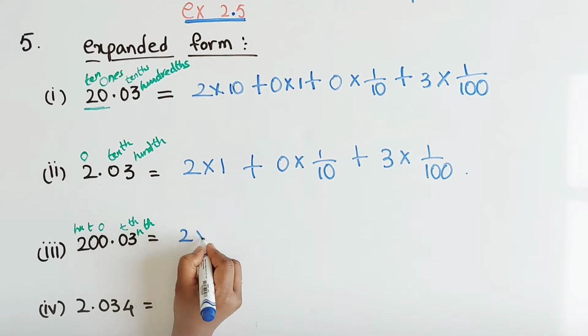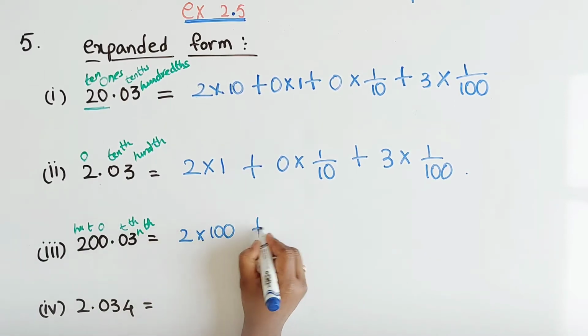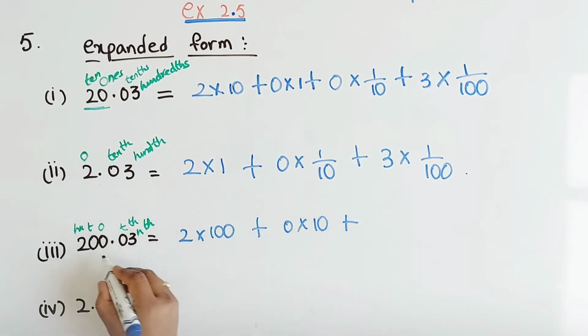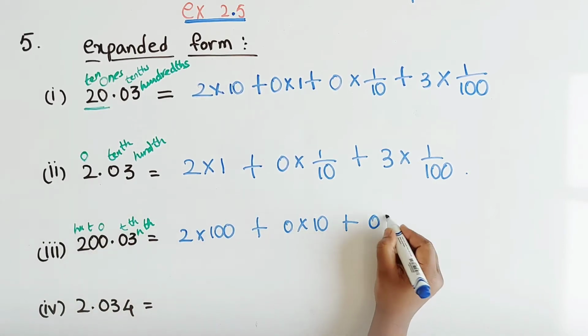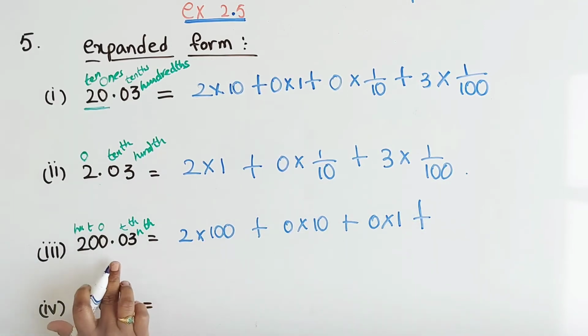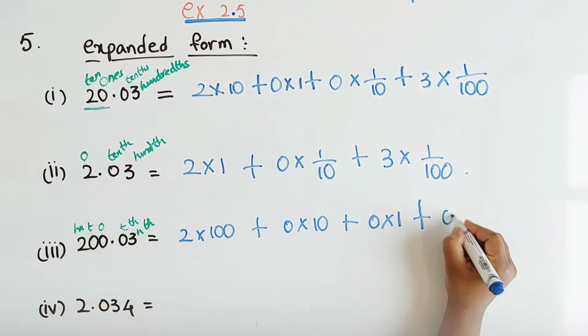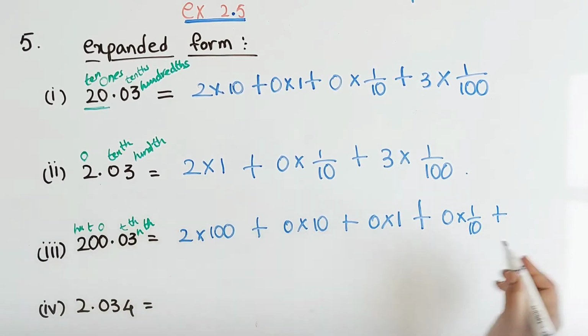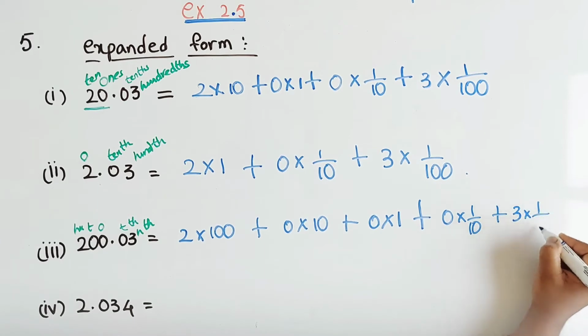Correct? So 2 into 100 plus 0 into 10 plus one more 0 in ones place, means into 1. Now decimal values: 0 in tenths place, 0 into 1 by 10, plus 3 in hundredths place, 3 into 1 by 100, children.